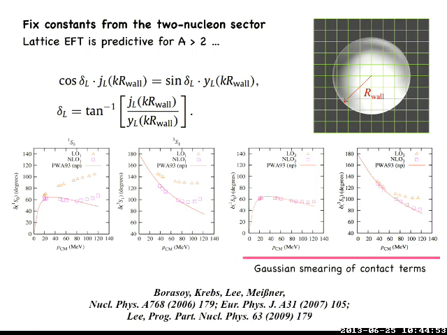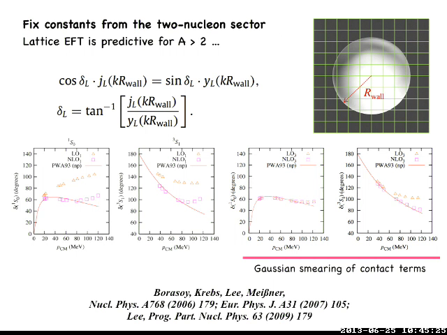It means that you avoid higher order terms that are large, so you get a more well-behaved expansion.